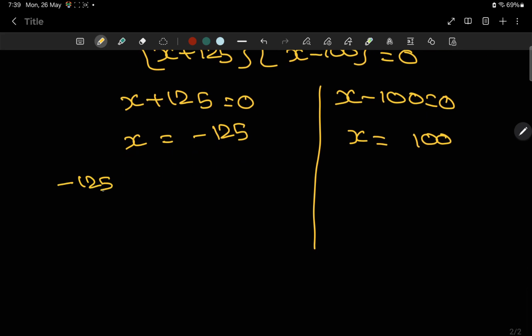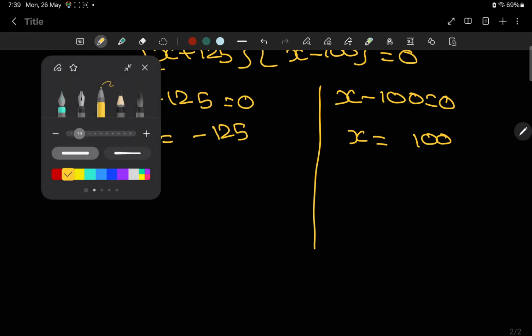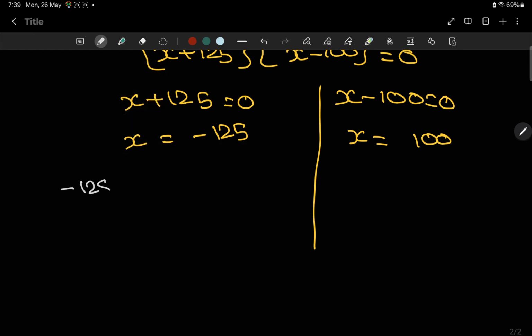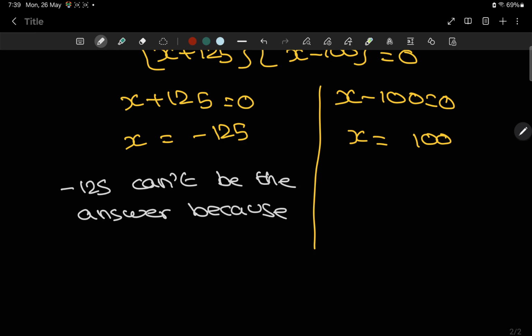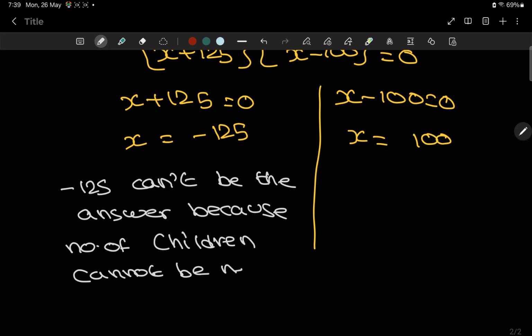Minus 125 can't be the answer because the number of children cannot be negative.